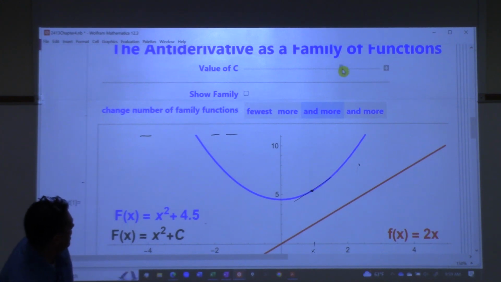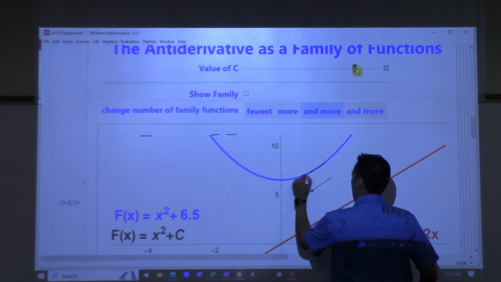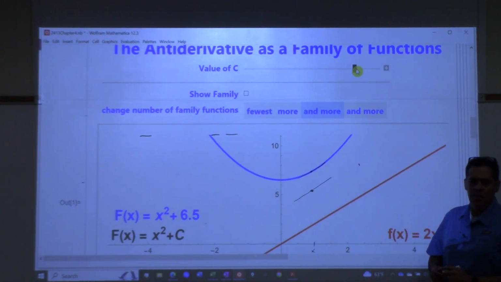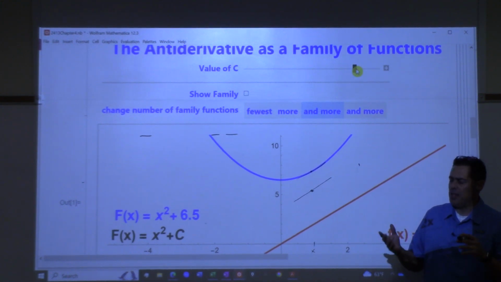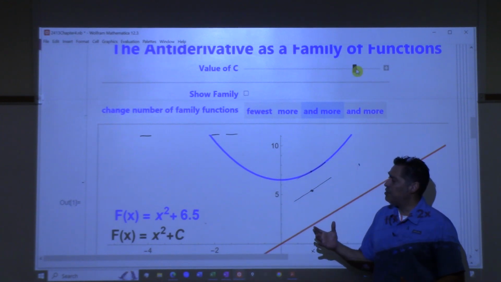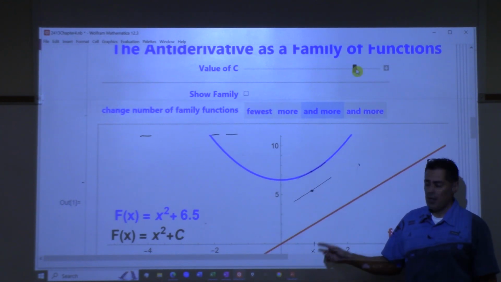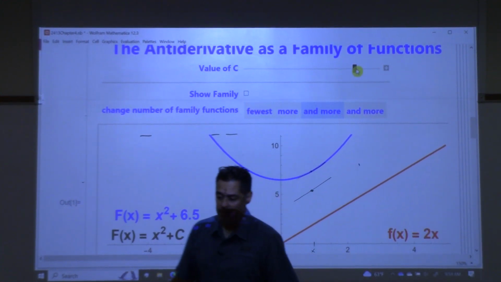If I move it up a little bit, then at that same x value, right there, I have the same slope, don't I? So that's why you have to have the plus c, because it creates a general answer. It's like a family of functions, right? This 2x, the antiderivative is actually a family of functions.